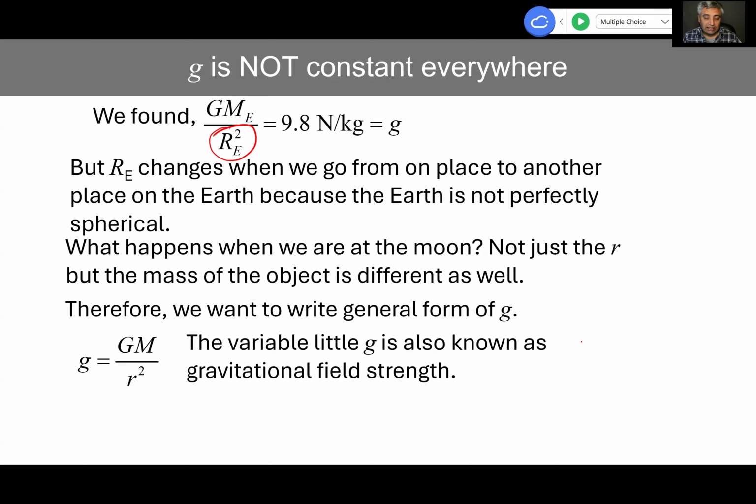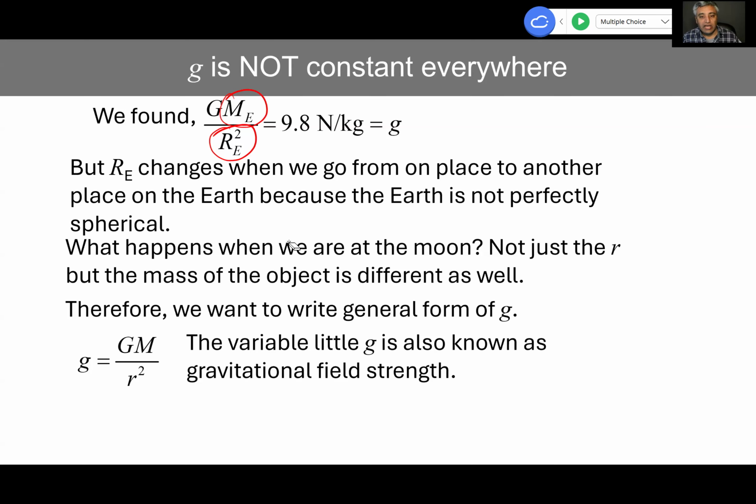Just like the R can change, similarly mass can change. For example, if you are on the Moon or on the surface of Mars, the mass is not going to be the mass of the Earth. It's going to be the mass of Mars or the Moon, whatever planet or satellite you are on. So that's why this is going to be just a general mass.